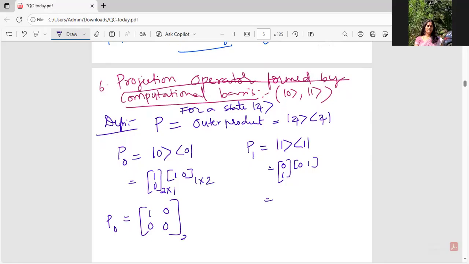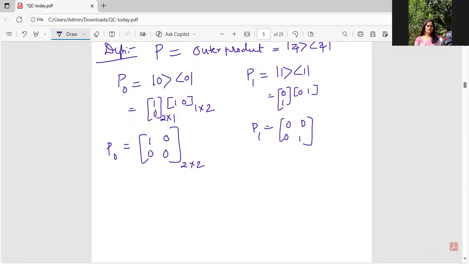So finally I'll be getting a 2 by 2 matrix. So compatible for multiplication. 0 into 0, 0 into 1, 1 into 0 is 0, 1 into 1 is 1. This is nothing but your P1, guys. Now I've got this.